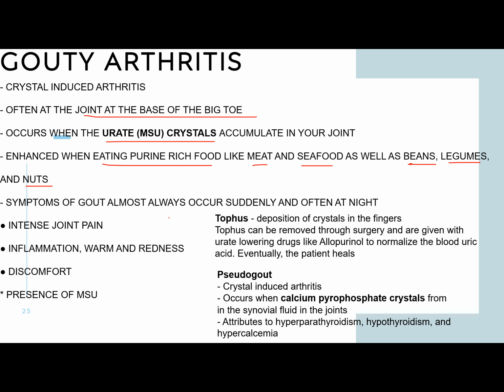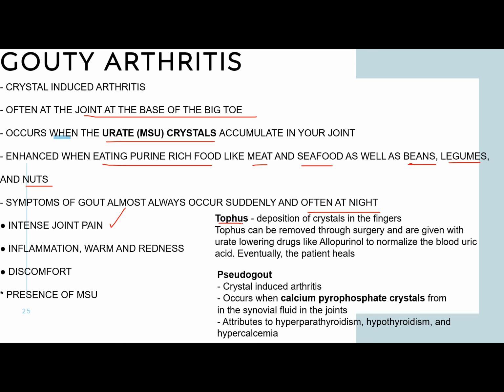Symptoms of gout always occur suddenly and often at night. So at night, class. These are the symptoms. There would be intense joint pain, inflammation, warmth and redness, discomfort, and if you view your synovial fluid under a microscope, there would be the presence of MSU.